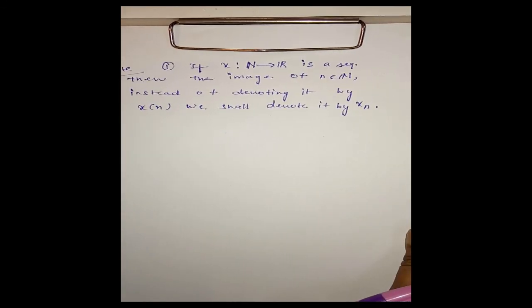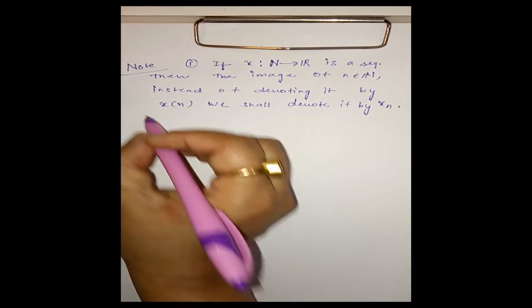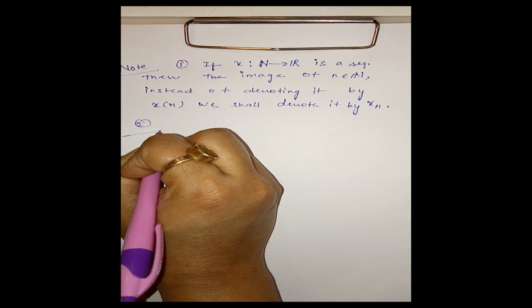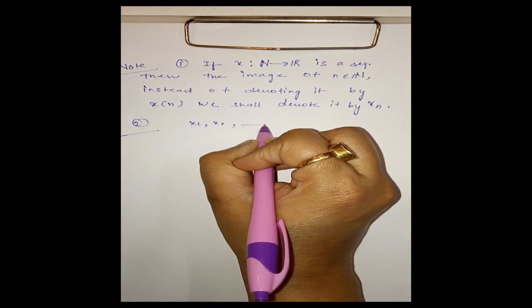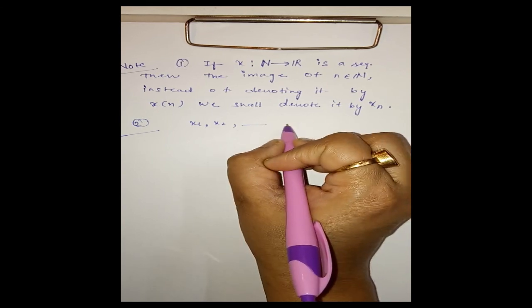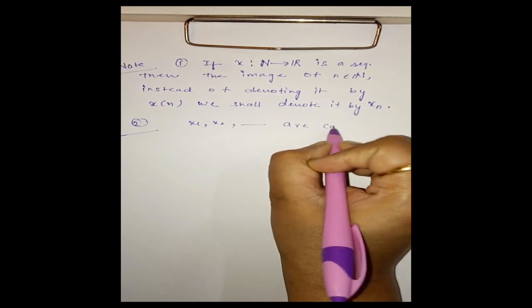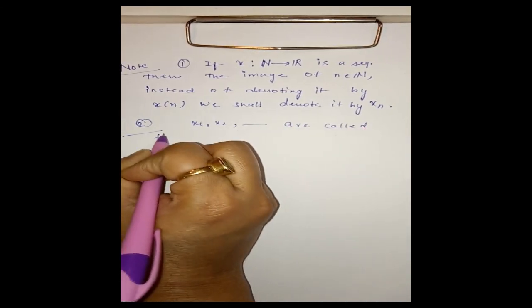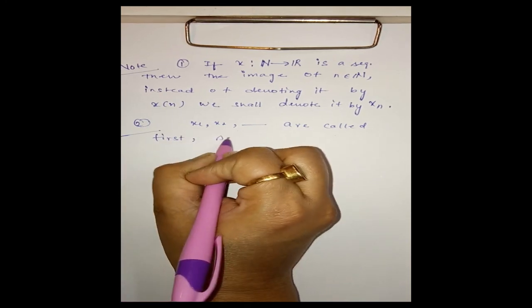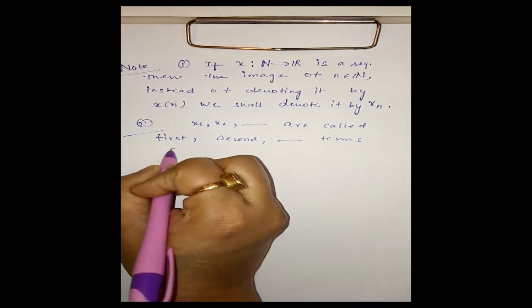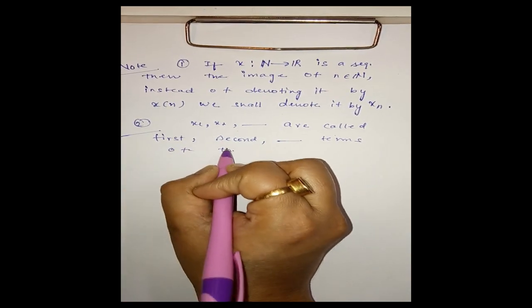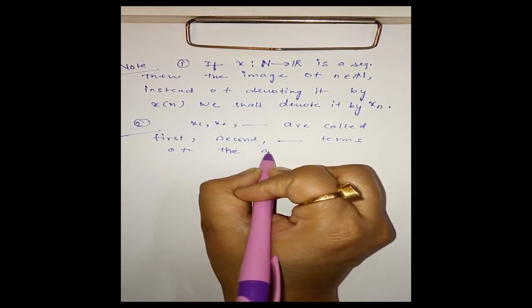This is how we are going to denote a sequence. Second point, x1, x2 up to xn and so on are called first, second terms of the sequence.